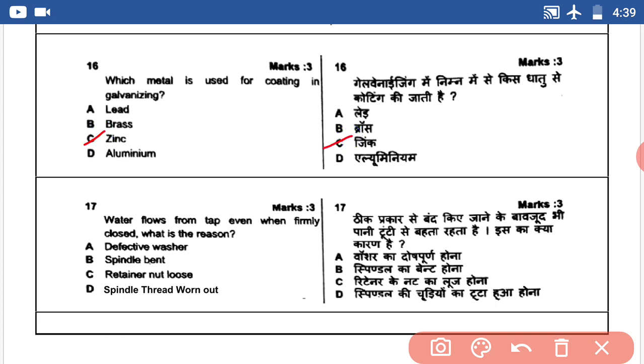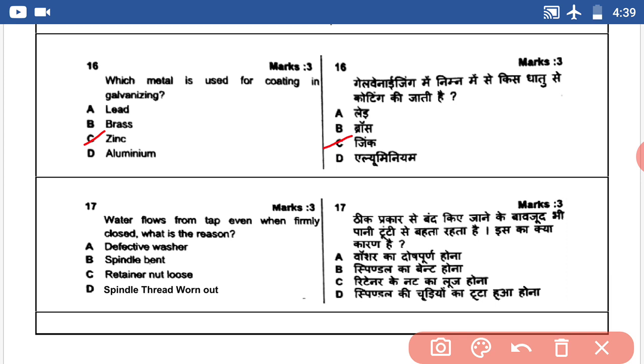Question number 17. Water flows from the tap even when firmly closed. What is the reason? This question's answer: defective washer.